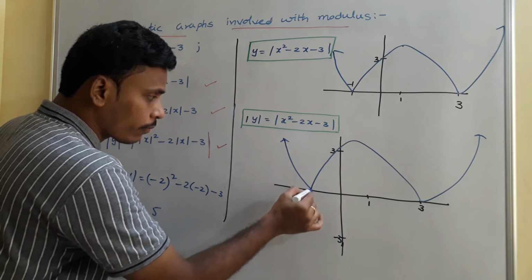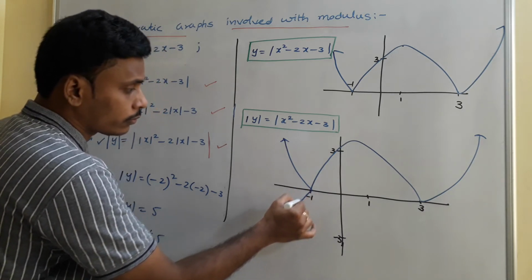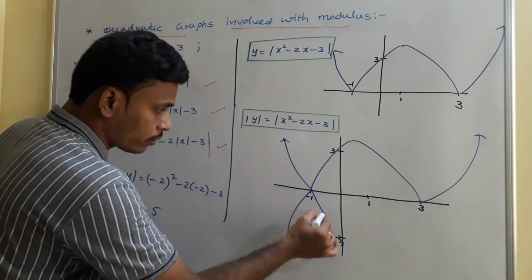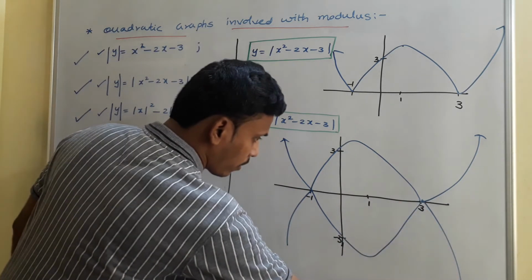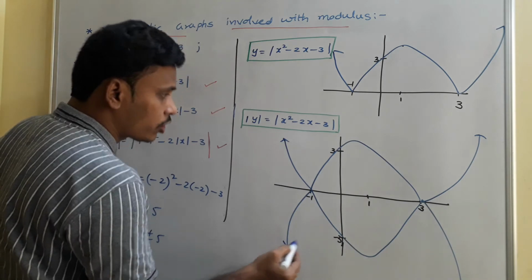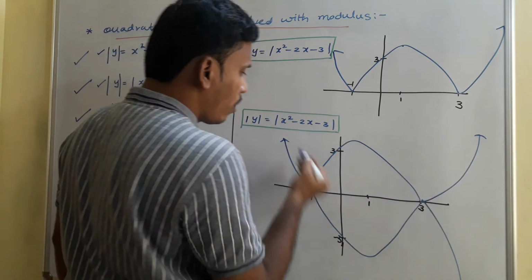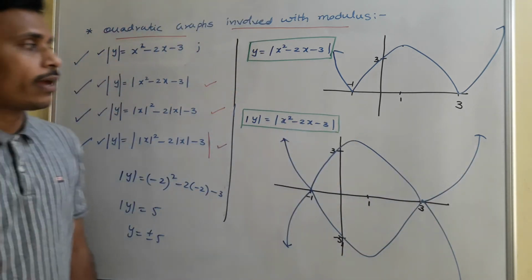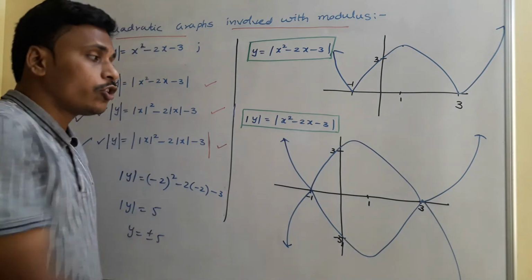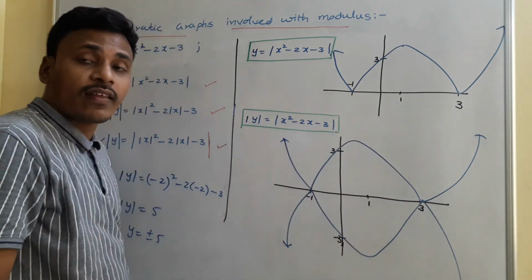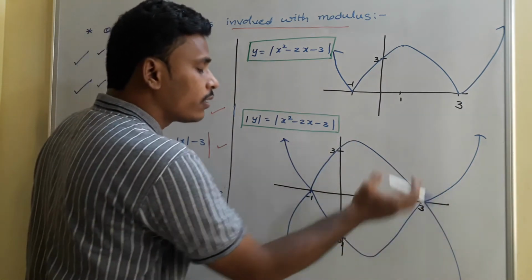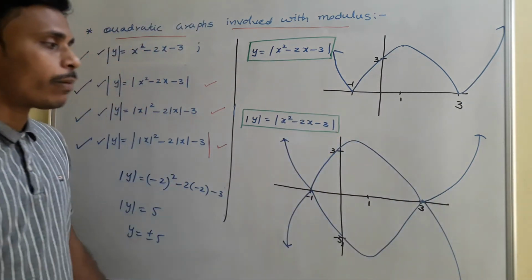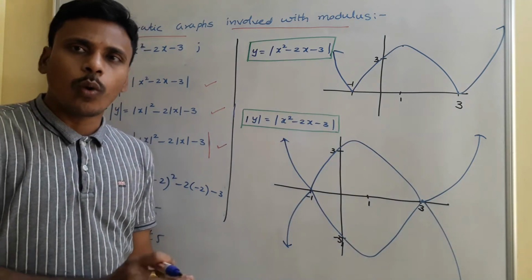Okay, this will be the shape of the graph of y equals mod x square minus 2x minus 3. These two parts are symmetric to one another about the x-axis. If you fold the paper, this lower part will exactly coincide with the upper part. Okay, just have a look, very simple.